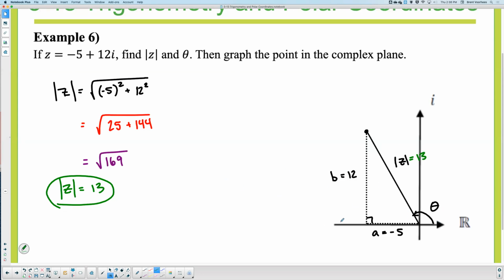Okay, now how can I get my theta? What was our theta formula? Do y'all remember? It came from the tangent. Tangent theta is equal to y over x. So theta is going to be inverse tangent of what takes the place of y? 12.